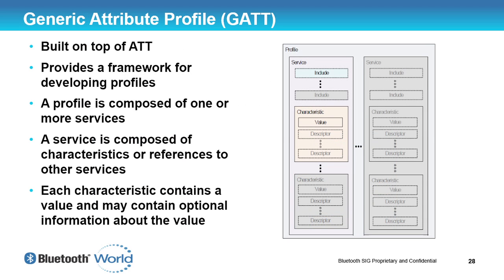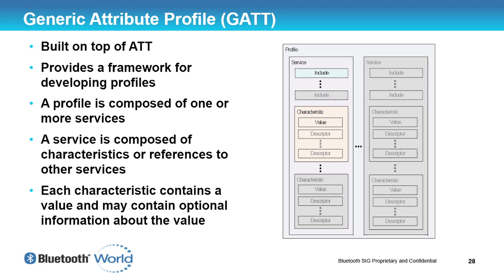What we've done on top of that, though, is actually really good. We've defined an object-oriented architecture on top of that very simple attribute protocol. This is the generic attribute profile, also known as GATT, and when somebody says this, make sure you get the differentiation between GAP and GATT. It defines a framework for developing profiles and services.